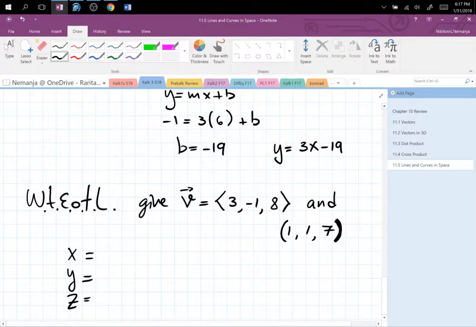You have mx, which now is vt. So we have 3t, negative 1t, and 8t, plus 1, plus 1, plus 7.